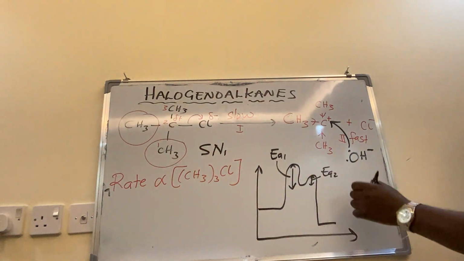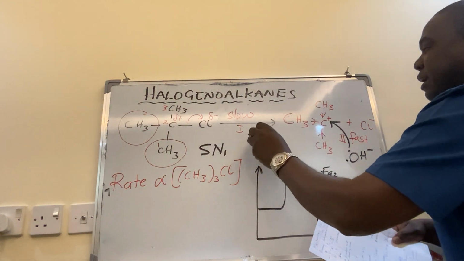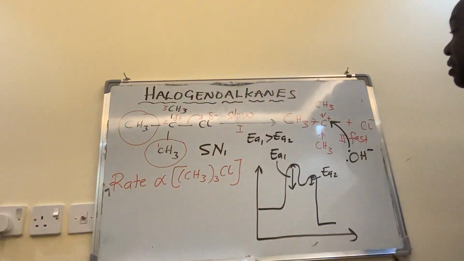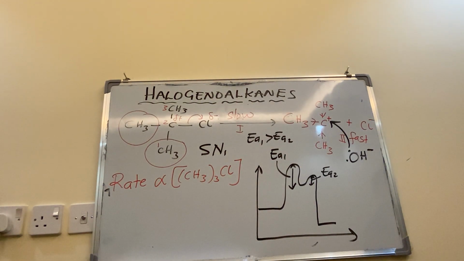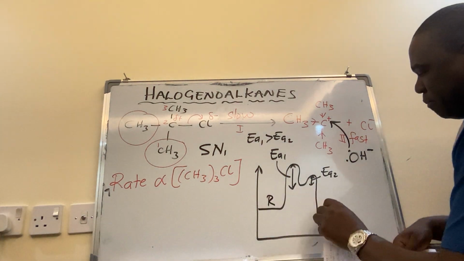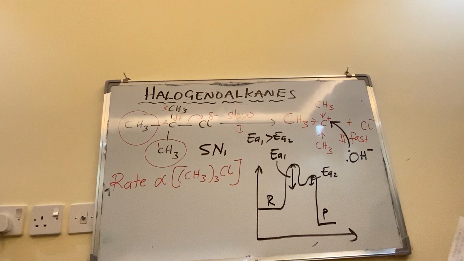And if you look, EA1 is greater than EA2, because EA1 takes much longer to occur. So we're going to have our reactants here and our products down there. But the difference now is we have a two-stage reaction.